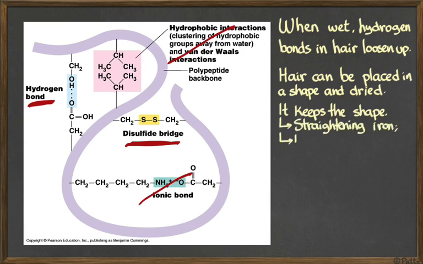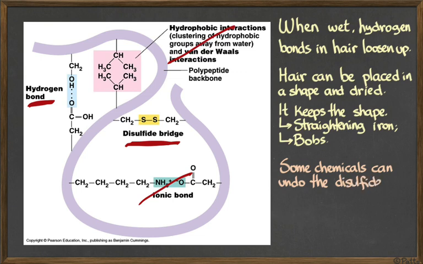Instead of using the straightening iron or the bobs, there are things that you can do to make things more permanent. There are some chemicals that break the disulfide bonds, the sulfur bonds. You put the hair in the shape you want, and then you remake the disulfide bridges.